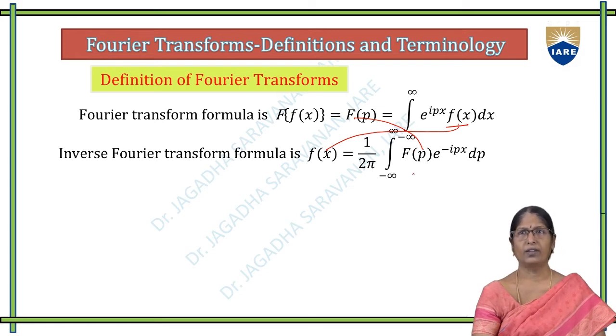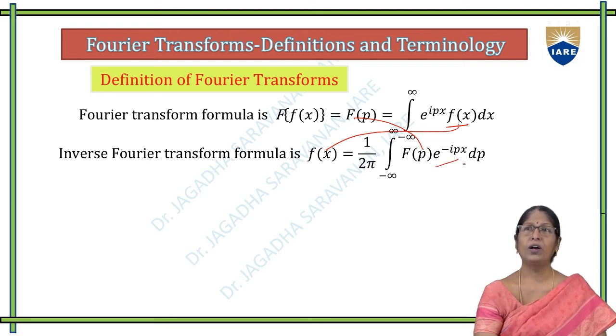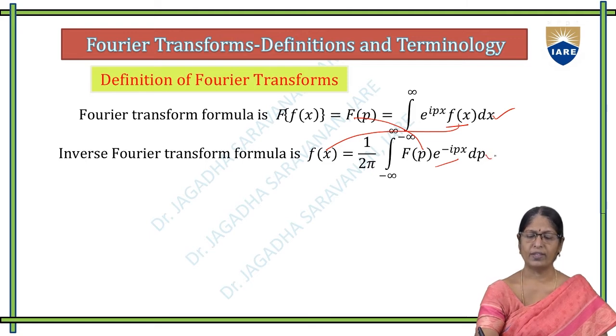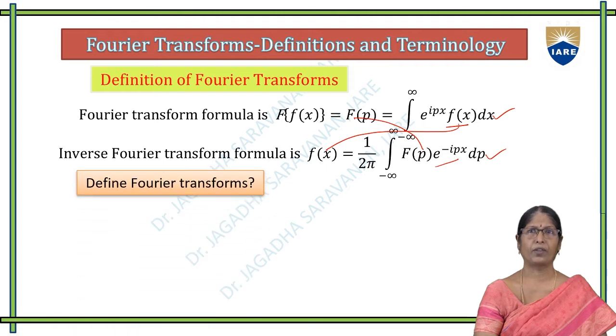Some variables are also playing a role. Here e power ipx is there, here e power minus ipx. With respect to x we are doing integration in the Fourier transform, whereas here we are integrating with respect to p.